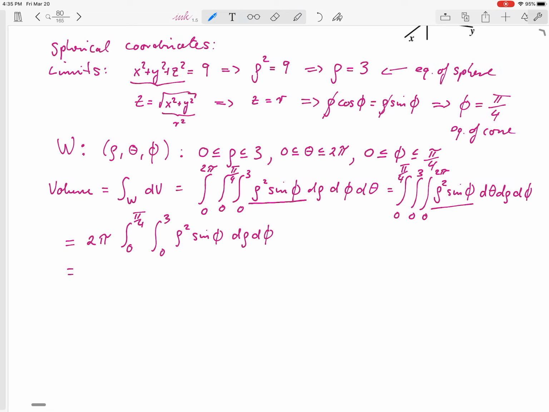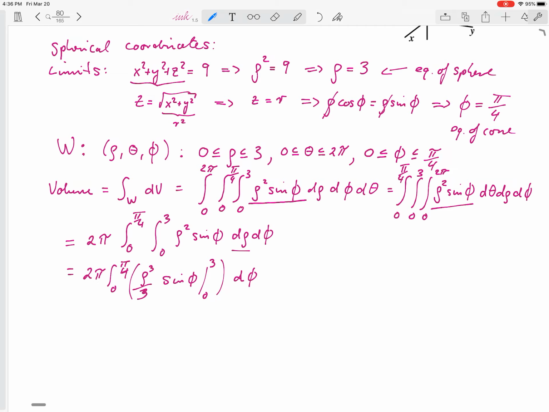Next, we integrate with respect to rho. So the antiderivative of rho squared is rho cubed over 3 sine phi, and then we are going from, rho goes from 0 to 3, and then we still have d phi to deal with later.